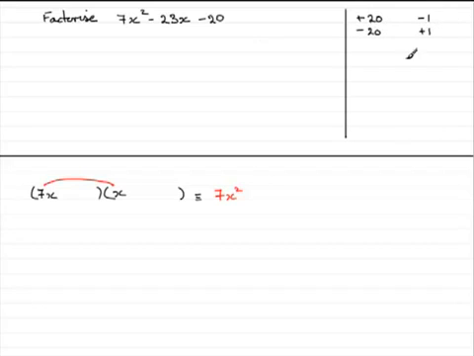Or we could even swap the numbers around. Okay, we could have 1s first and 20s afterwards, like plus 1, minus 20, and minus 1 and plus 20. What else could we have? Well, we could have a 10 and a 2 combination, or a 2 and a 10 combination.